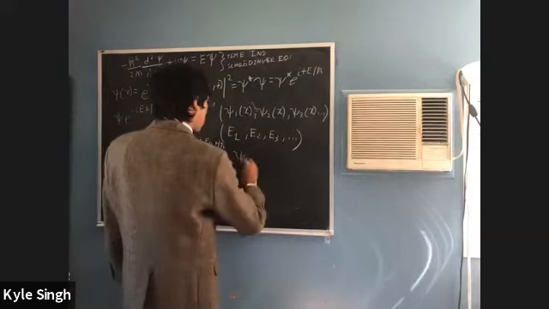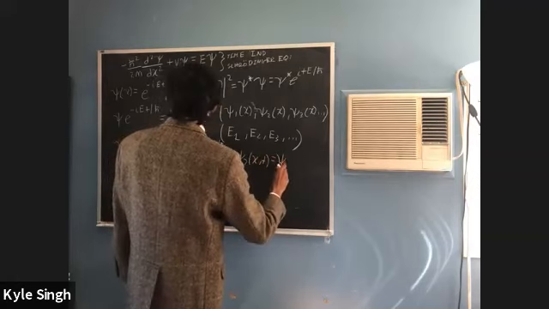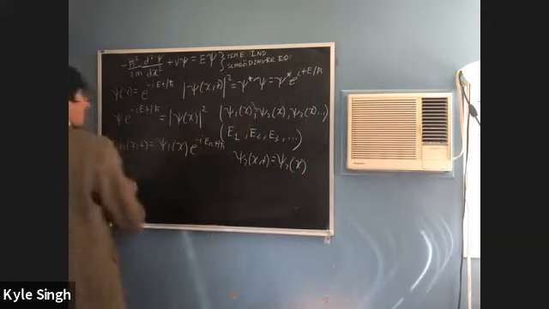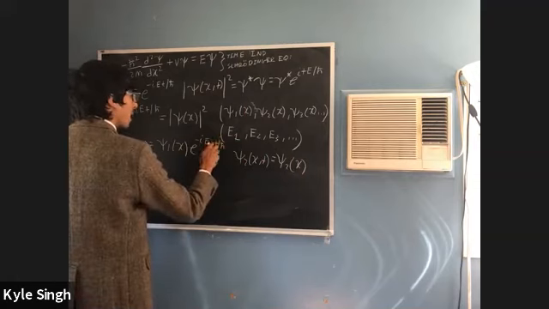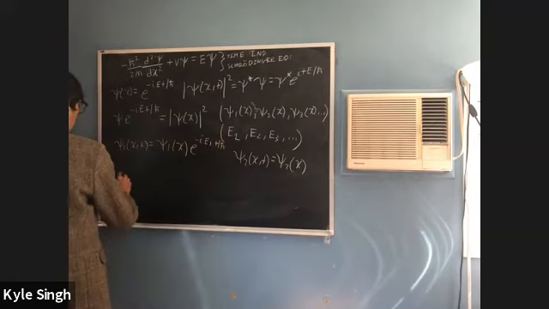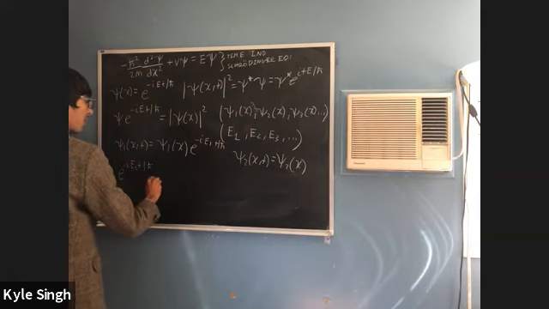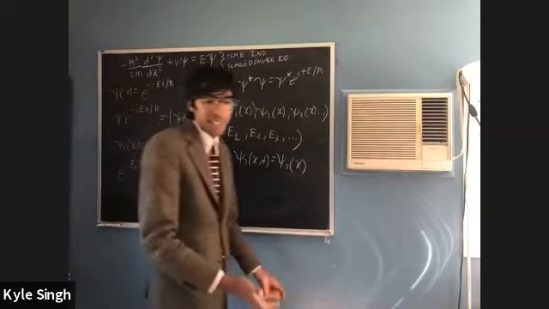This should be a 1, I don't know why I wrote an n. Similarly, if I had a psi 2 of x and t, I'm writing the time dependence just as a formality, it's psi 2 of x times e to the minus i E 2 t over h bar, and so on and so forth. Nothing really fancy here.